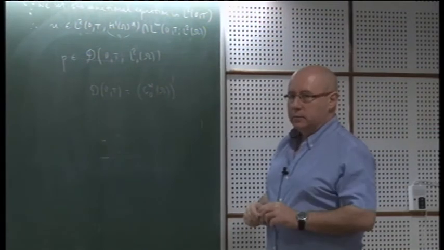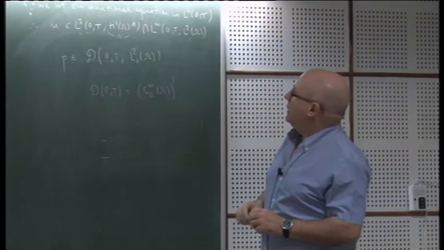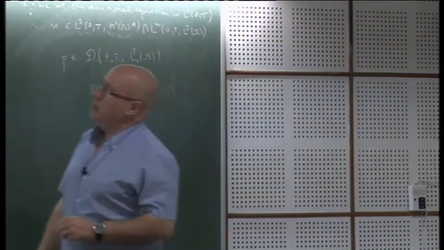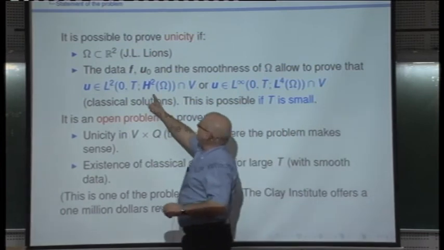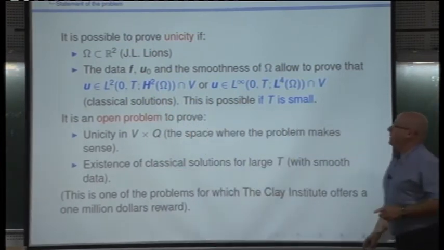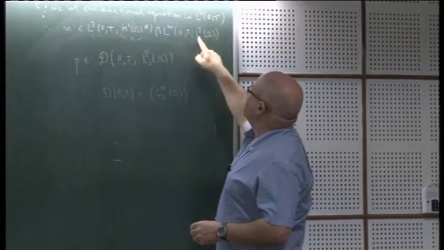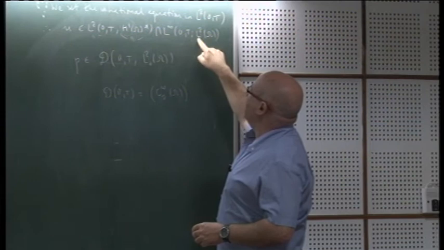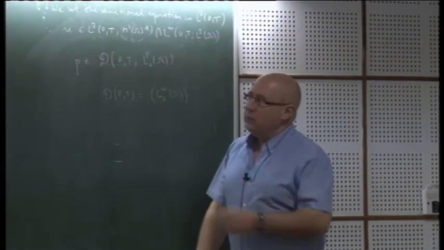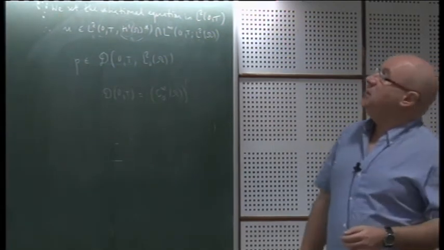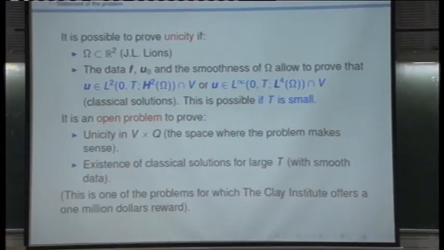If we were able to prove that, instead of being H1, it is H2, we could increase the regularity in space, keeping the regularity in time. Or we could prove that U is L4 instead of L2. If we could prove that, the solution would be unique. Those solutions that are a little bit more regular are called classical solutions. This is also not a very appropriate name, but those are called classical solutions.